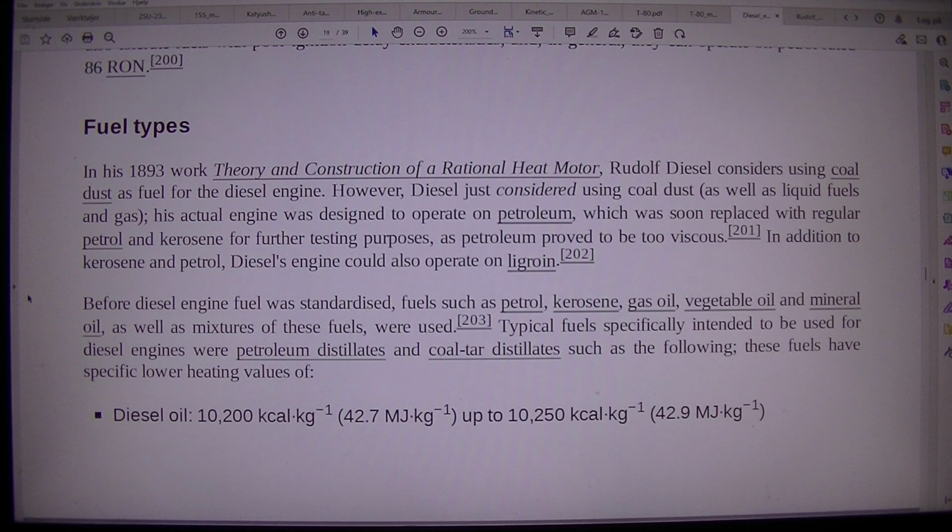Typical fuels specifically intended to be used for diesel engines were petroleum distillates and coal tar distillates such as the following. These fuels have specific lower heating values of: diesel oil, 10,200 kcal/kg, 42.7 MJ/kg, up to 10,250 kcal/kg, 42.9 MJ/kg.